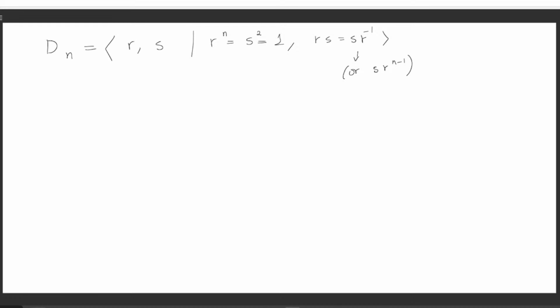What does this mean? It is generated by two elements satisfying the relations: r and s are the letters, r power n is equal to 1, s square is equal to 1, and rs is equal to sr inverse, or equivalently rs is equal to sr power n minus 1, because you can see that r power n minus 1 is r inverse.